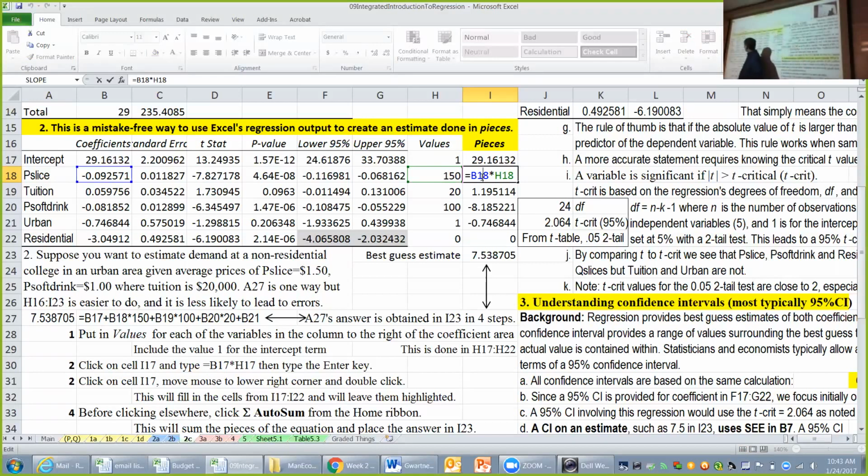Keep those things straight. It's possible that you can have a magnitude that's a lot higher. So check out urban. 0.09 versus 0.74. This is like 8 times the size of this variable. So if it was significant, that could potentially be a bigger deal, but it's not. We're just treating it as 0 because it's not significant.